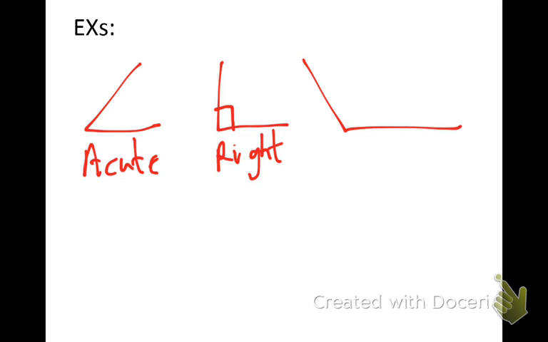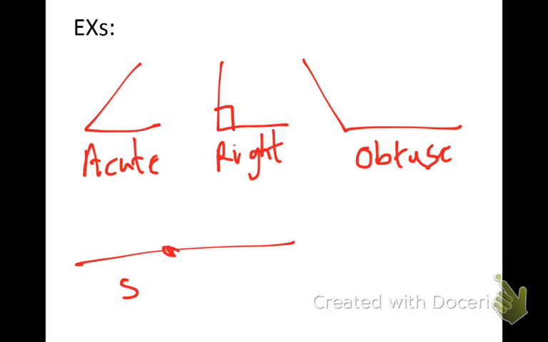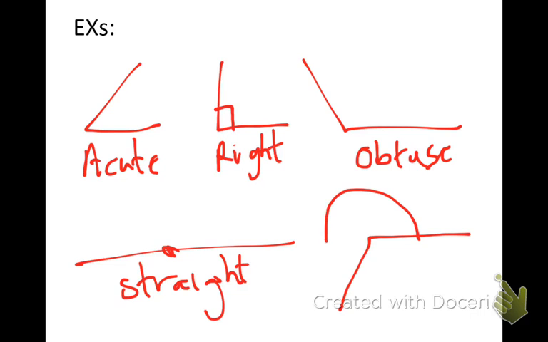An obtuse angle looks like that. It's greater than 90 degrees. A straight angle, that would be a straight angle. And a reflex angle would be this part of the angle that we go the long way around. That's a reflex angle.